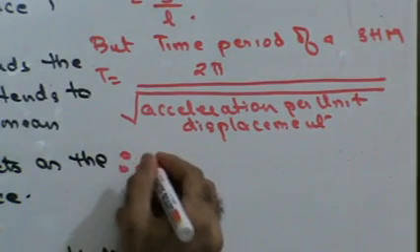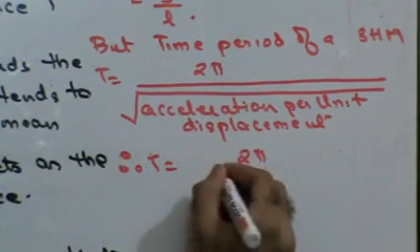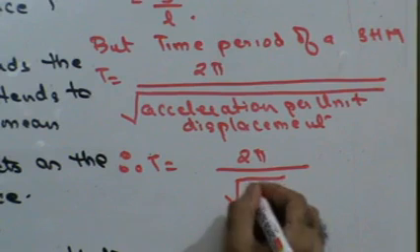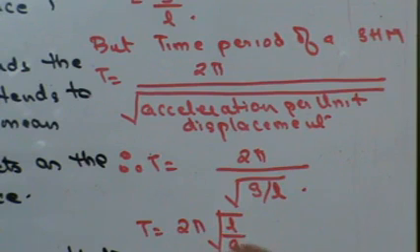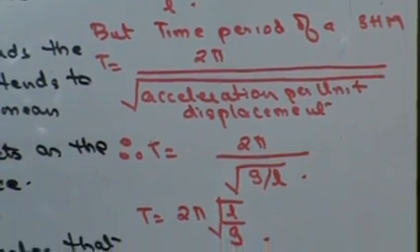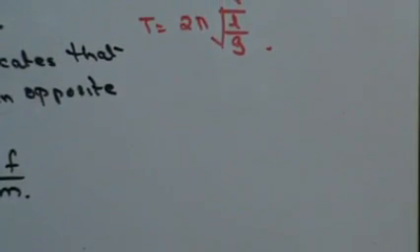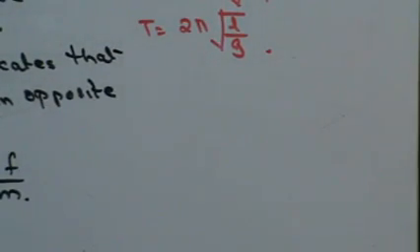Therefore I can say that time period is 2 pi upon root of g by L, right? Therefore I will get that time period T is nothing but 2 pi root of L by g. That is the time period of a simple pendulum. Fine, do we get this thing here? So the time period for a simple pendulum is 2 pi root of L by g.